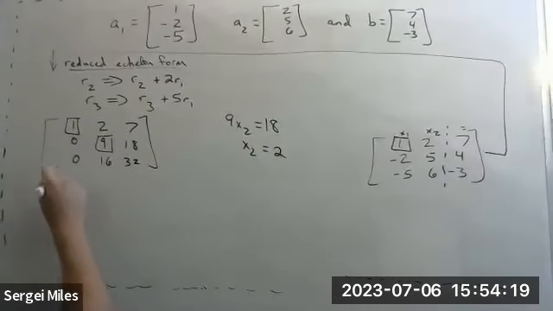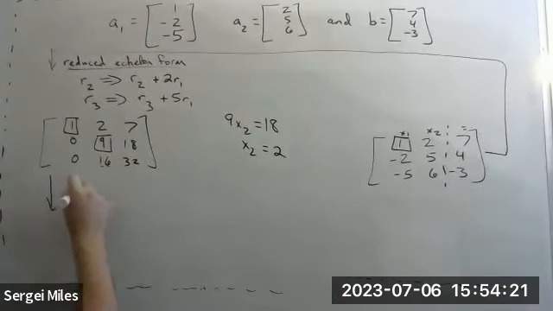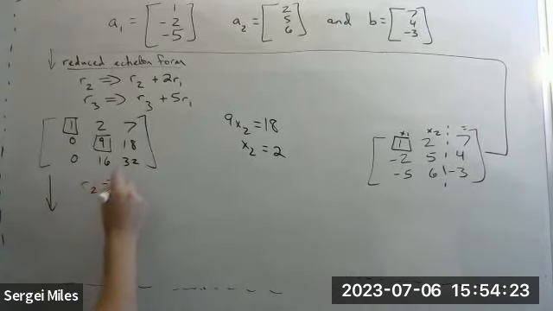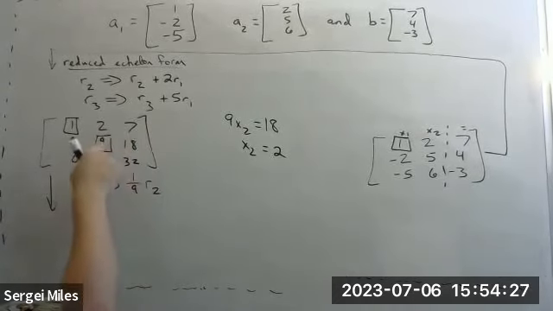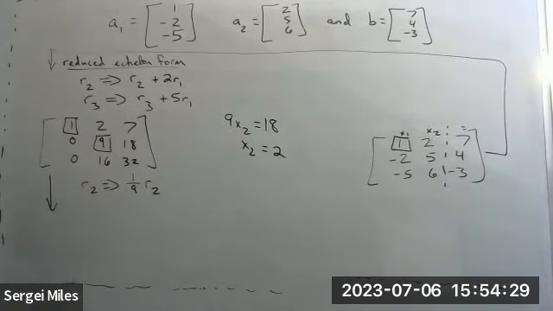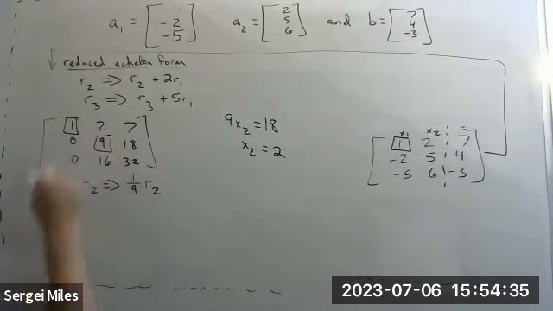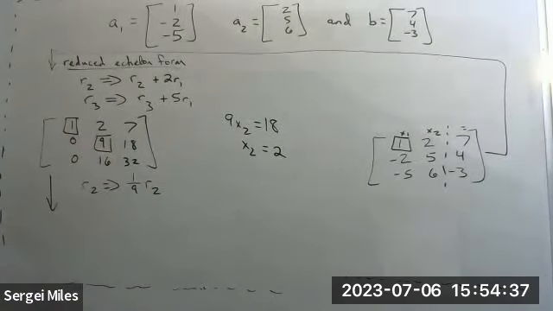So in other words, what can I do here? I can modify row 2 by dividing it by 9. Let me simplify the numbers here. Let me turn this pivot into a 1, which I want for reduced echelon form anyways. So I'm going to divide the row by 9. And while I'm at it, I see for row 3, I have 16 and 32.